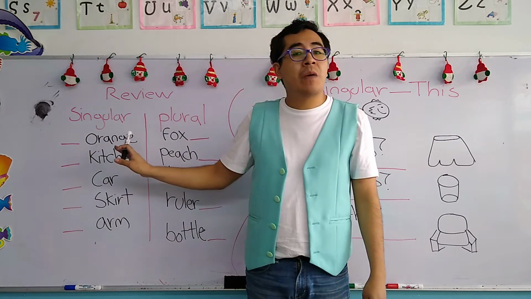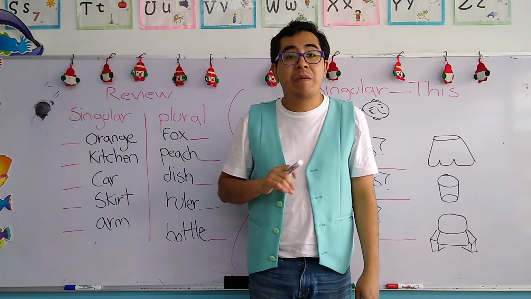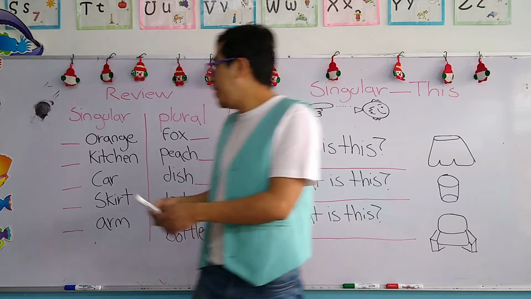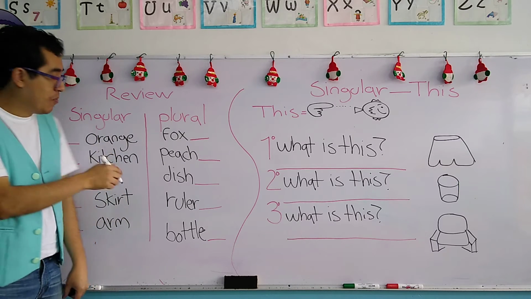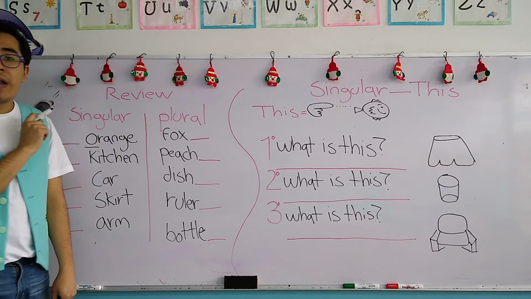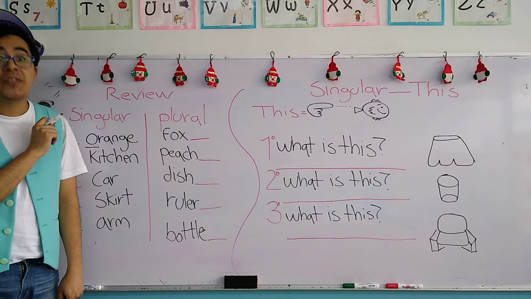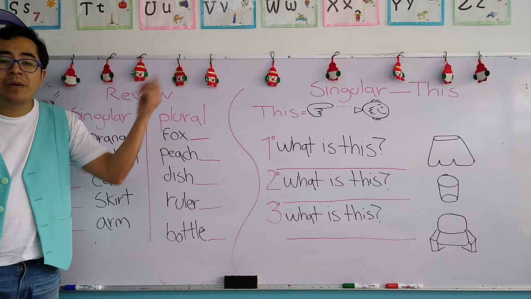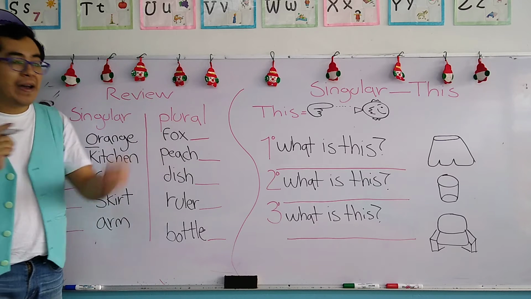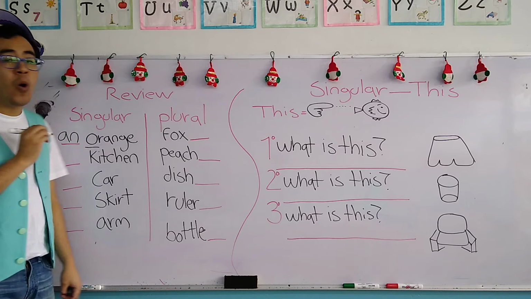Now, these objects, if we want to transform them into singular, remember the rules. Let's see. The word orange begins with the letter O. Now, the letter O, is it a vowel? Yes, it is. So, what are we going to write? An or a? An orange.